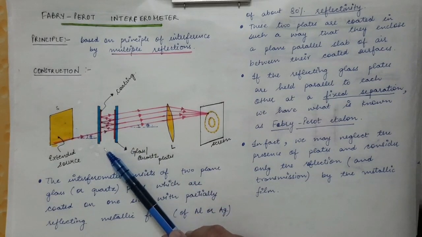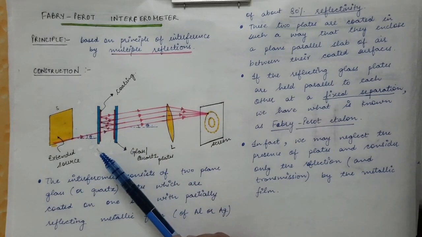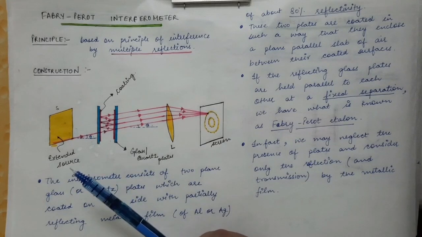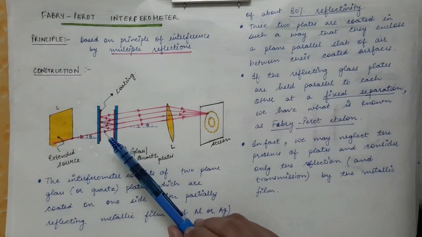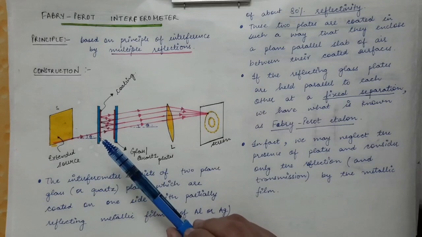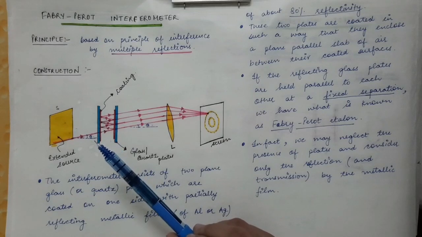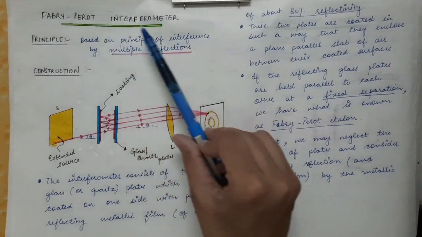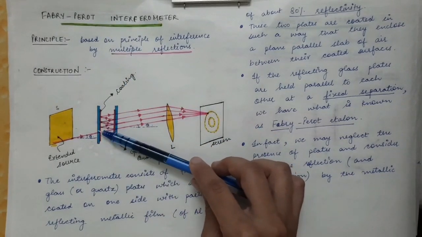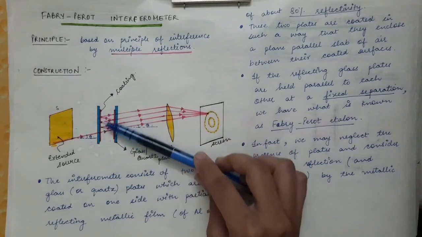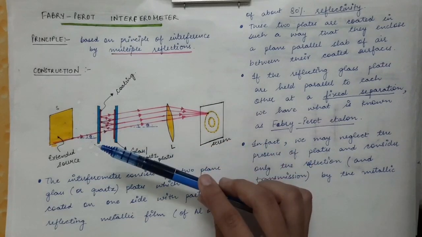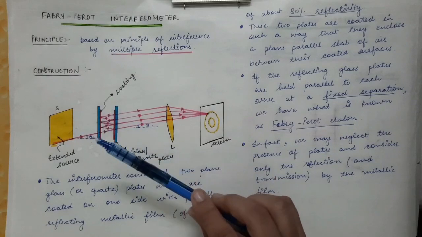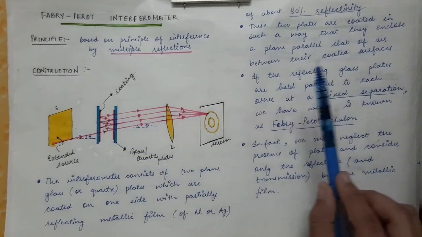In the case of Newton's rings, the thin film was made up of air, and in the Michelson interferometer also, the thin film was composed of air. In the Fabry-Perot interferometer also, the region between these metallic coatings of aluminium or silver is filled with air.